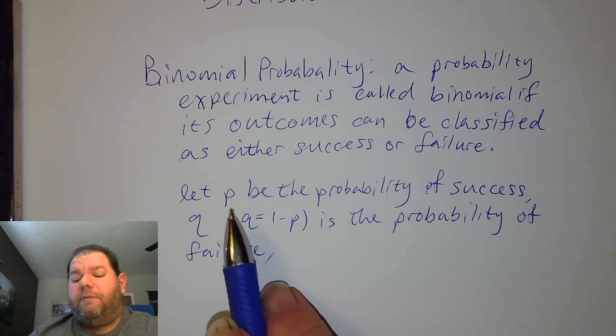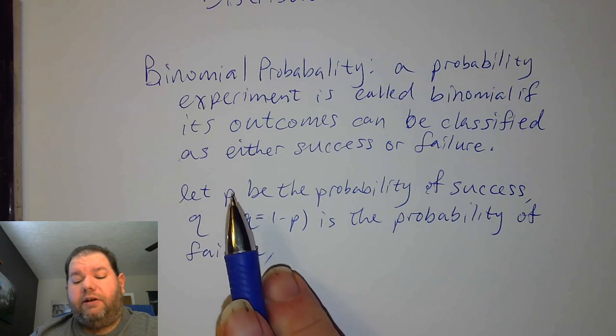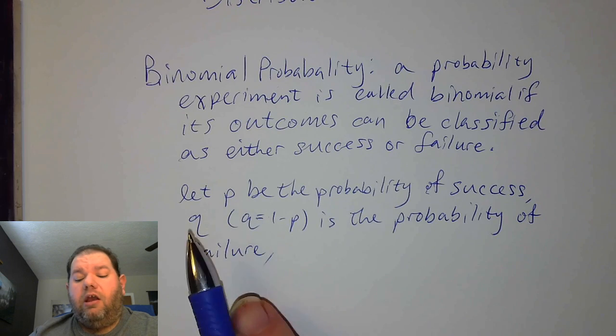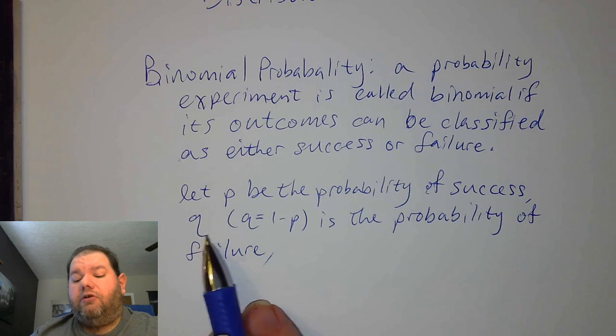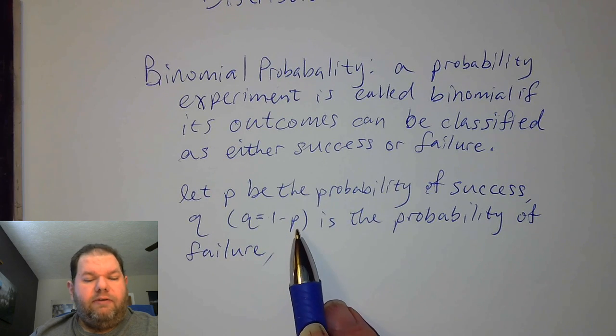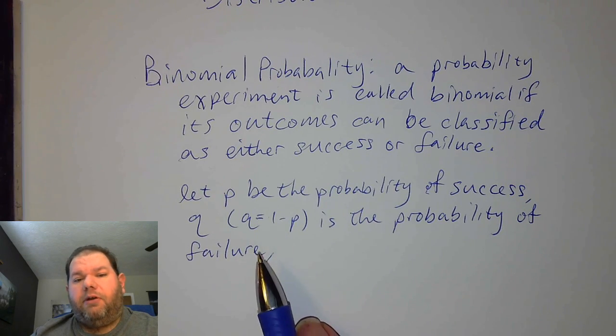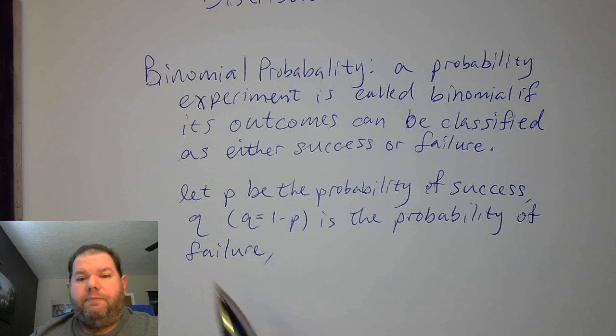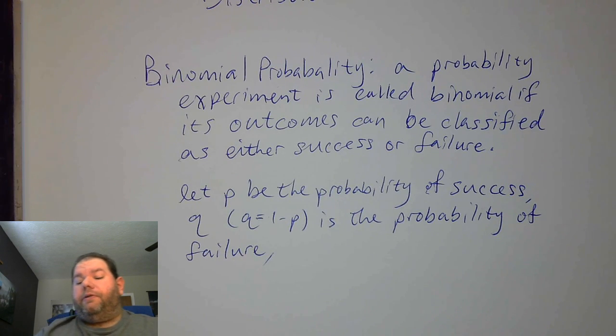Therefore, we'll be given at least the value for P. We may not be given the value for Q, but we can always find Q by taking 1 minus the value of P, because they are complementary probabilities. Because the complement of success is failure, and vice versa. Okay, so we have P and Q.